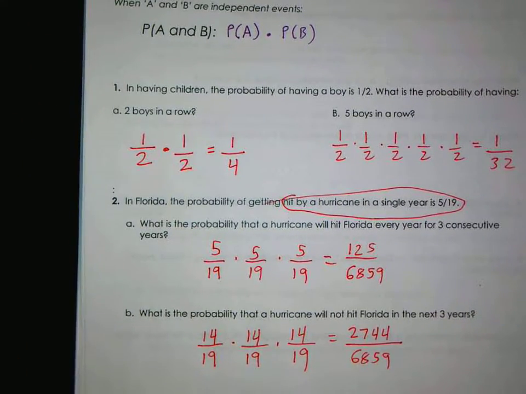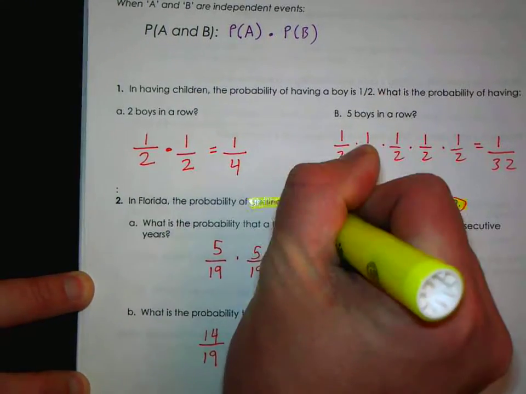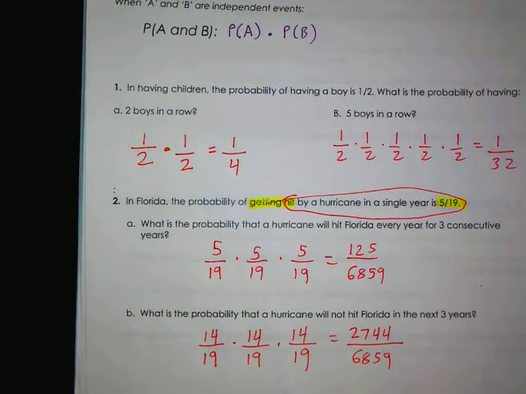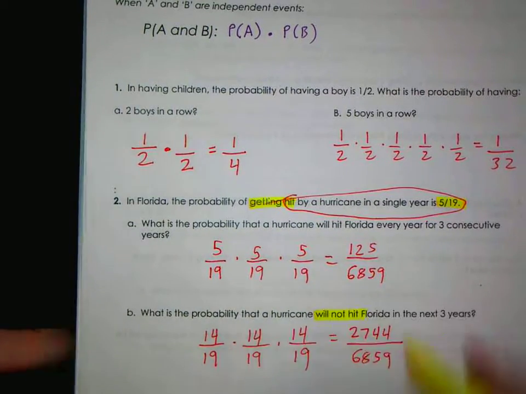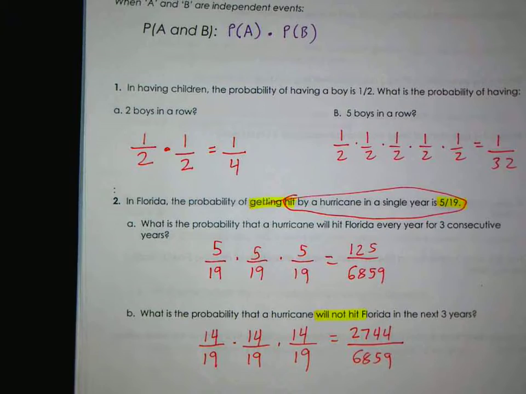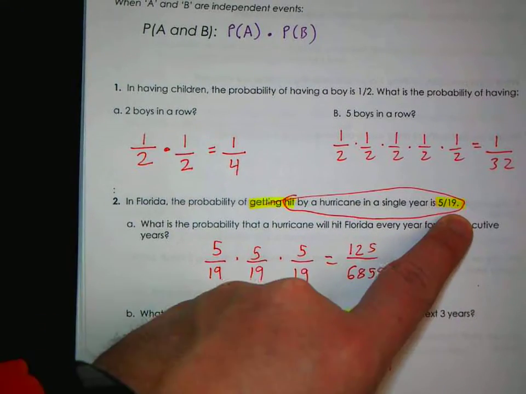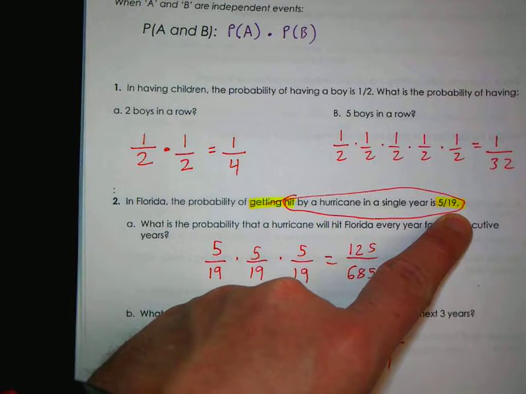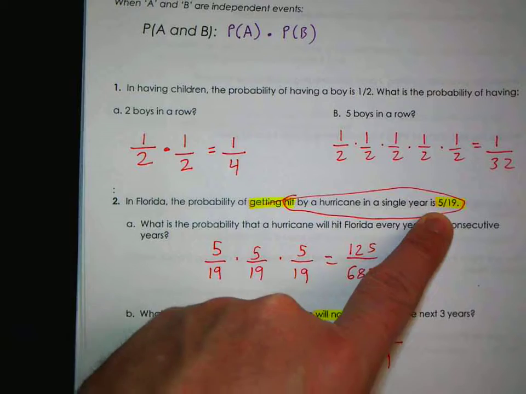Well, the probability of getting hit by a hurricane is 5/19. And now it's saying, what's the probability that a hurricane will not hit? So basically, if you think of this in terms of years, 19 years go by, a hurricane will hit Florida about 5 of those years.